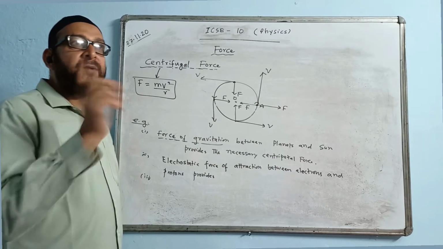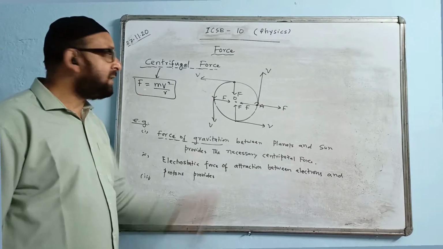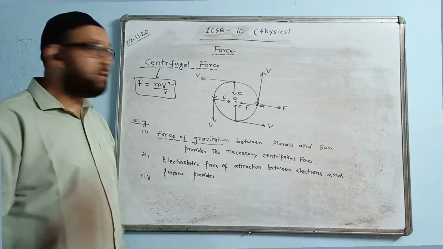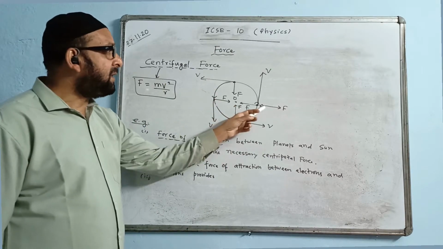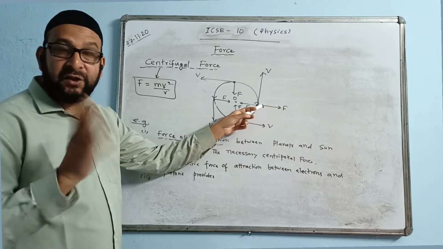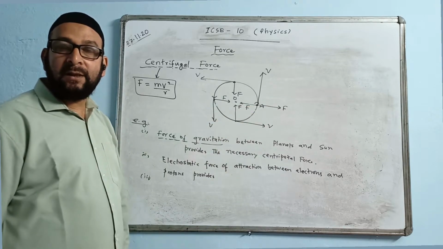That means when a body moves in uniform circular motion, there are two forces acting on the body: one is centripetal and one is centrifugal force. Which is the real force? Centripetal force is the real force, and this force is an imaginary force, or we call it a fictitious force, or a pseudo force, P-S-E-U-D-O.